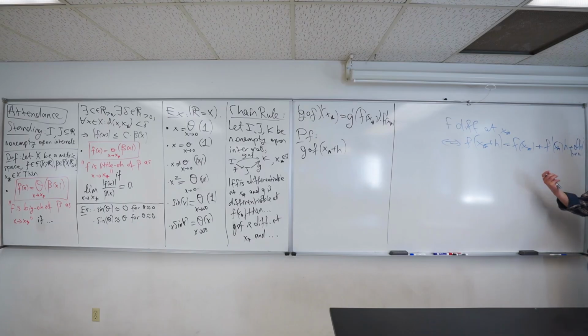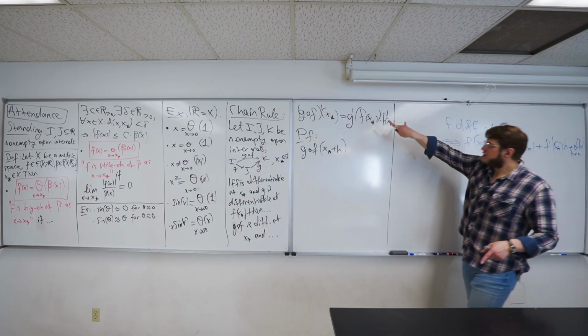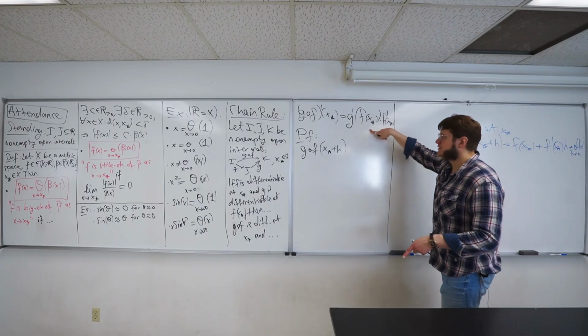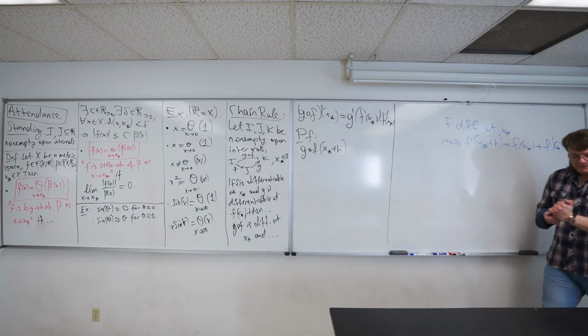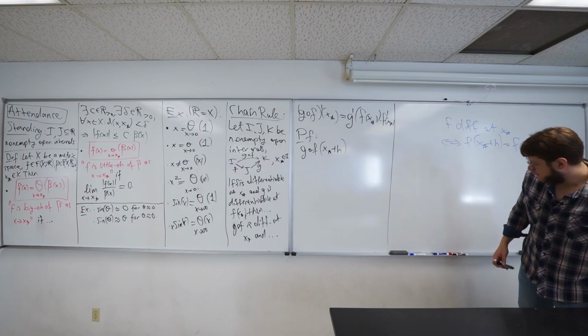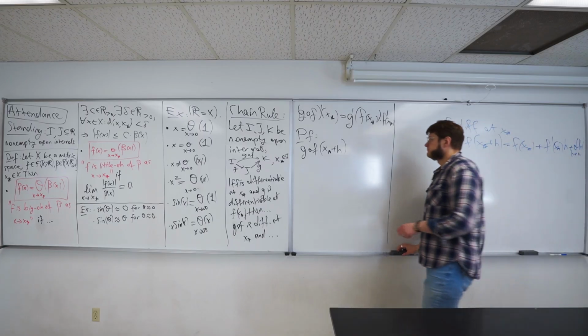And so if I can take this quantity, it's a well-defined number, and if I can show that it fits into this for g composed with f, I would be done. Maybe I should write it explicitly so that it's clear.